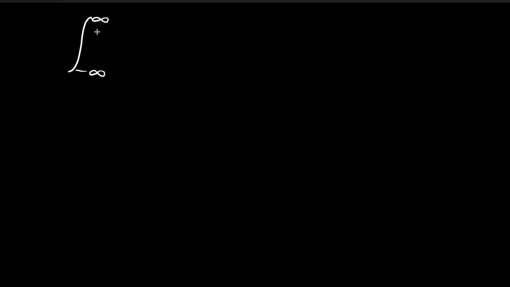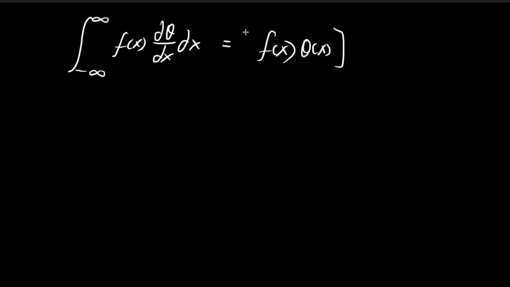We have an integral from negative infinity to infinity, f of x, d theta dx, and we're going to use integration by parts. So we retain f of x, and then we're going to integrate d theta dx. If you integrate a derivative, you just get back your theta of x. This is evaluated from negative infinity to positive infinity. And then I'm going to retain the theta of x, and differentiate f of x.